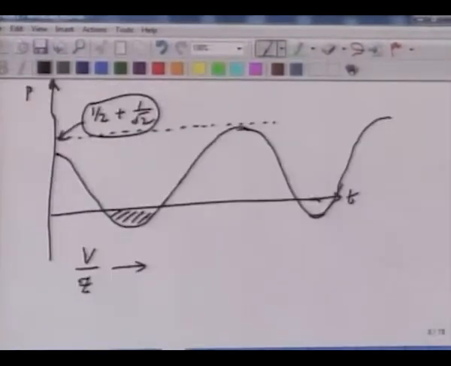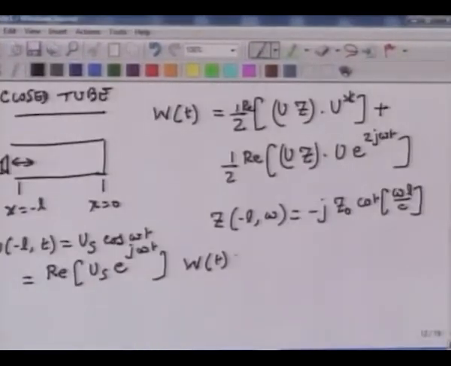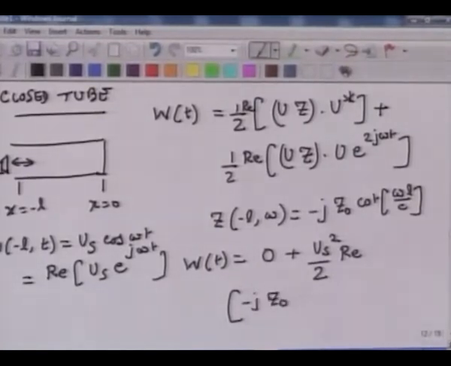So my power equals 0 plus US square over 2 times the real component of a very big term, j z naught cotangent omega L over c, times e to j omega t.